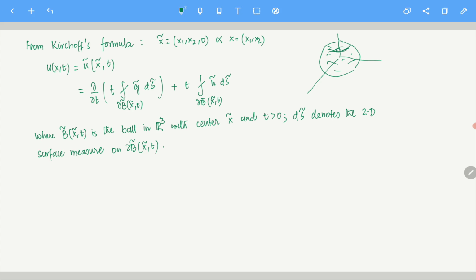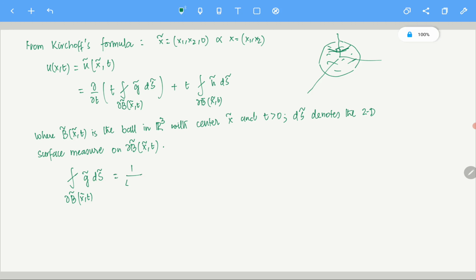Okay, so now let us do this part. First of all, I want to calculate what this is: the surface measure of del b tilde, x tilde t, g tilde ds tilde. Okay, what is this? First thing first, let us break it up.